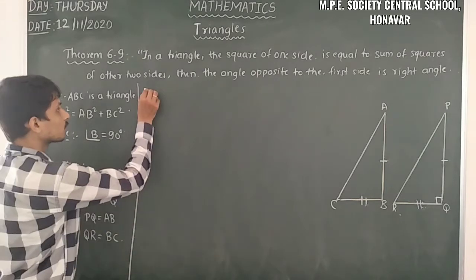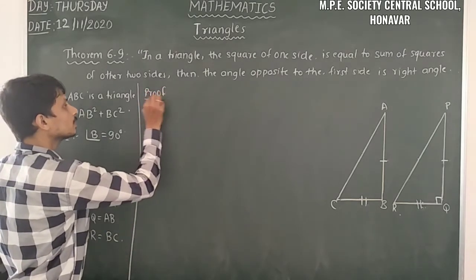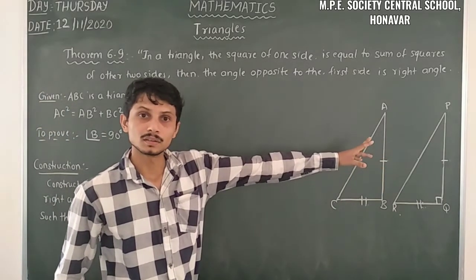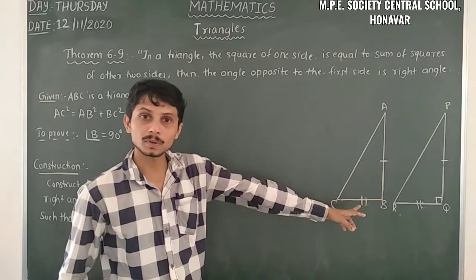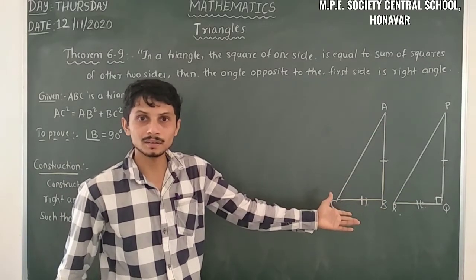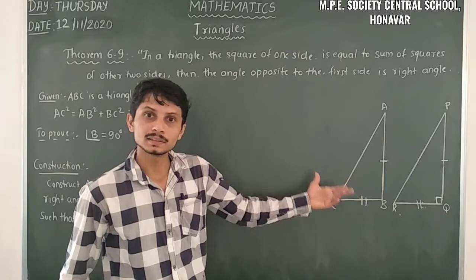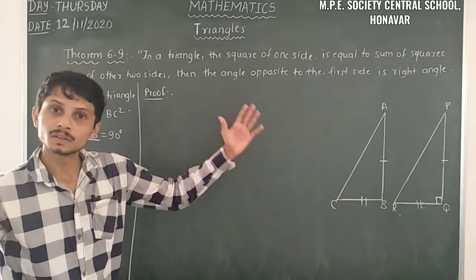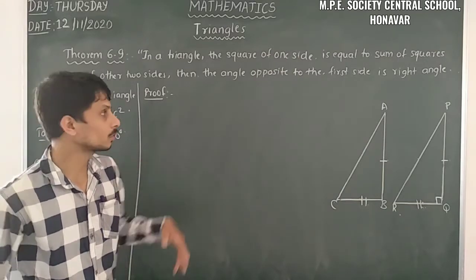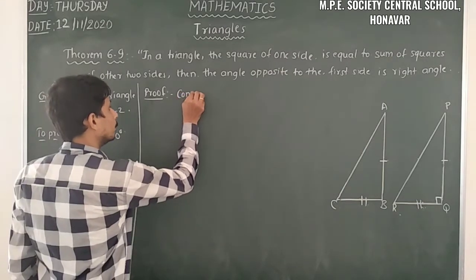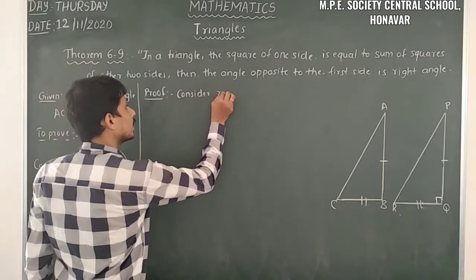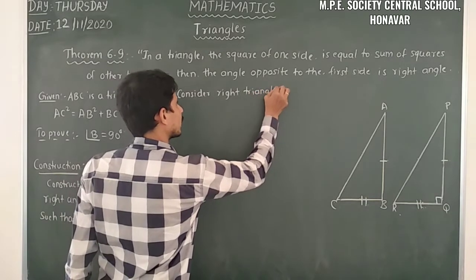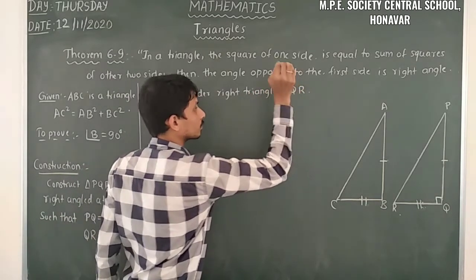Yes. So let us take the proof. The proof is very simple here. Firstly we have to take the right angle triangle PQR, because we know that one is a right angle triangle, so we can easily apply the Pythagoras theorem. So consider right triangle PQR.